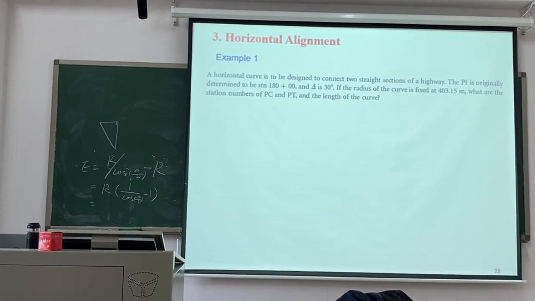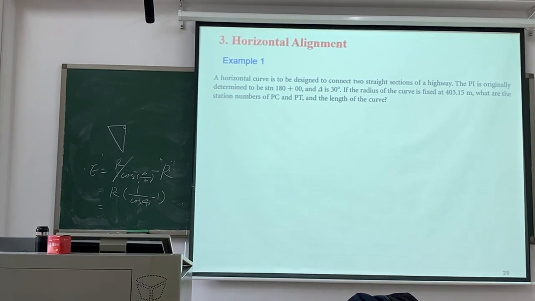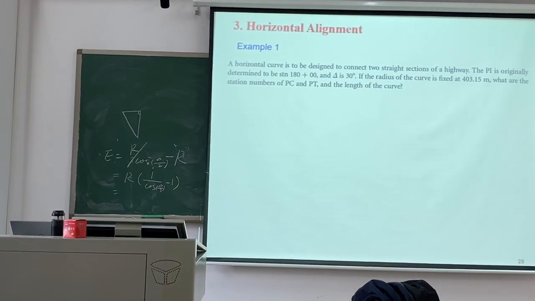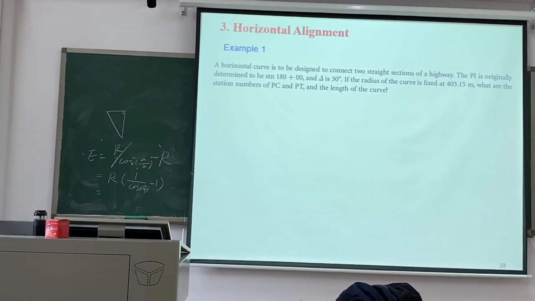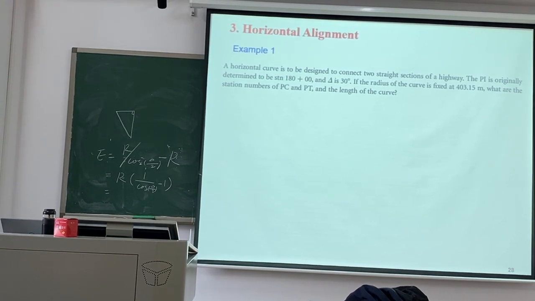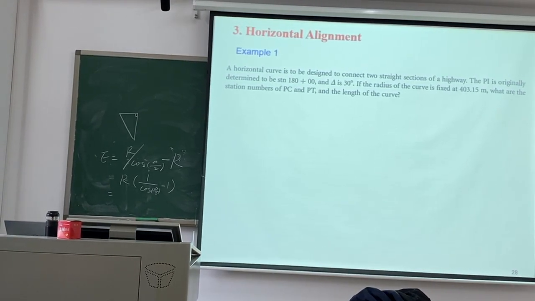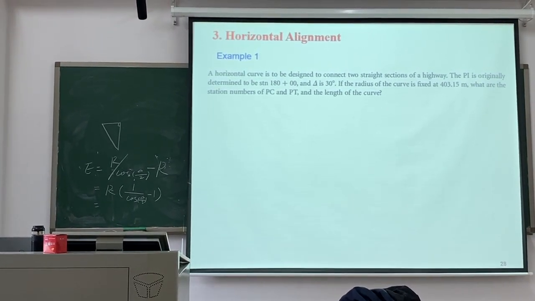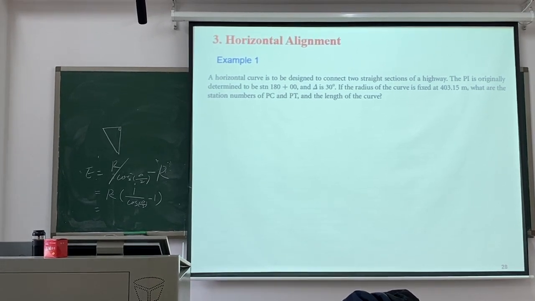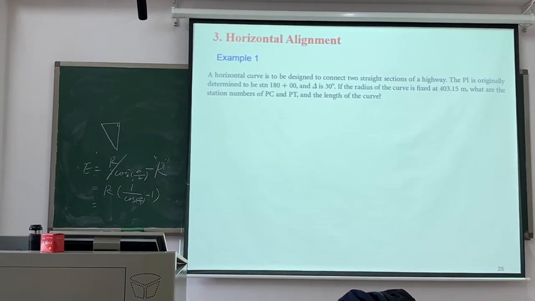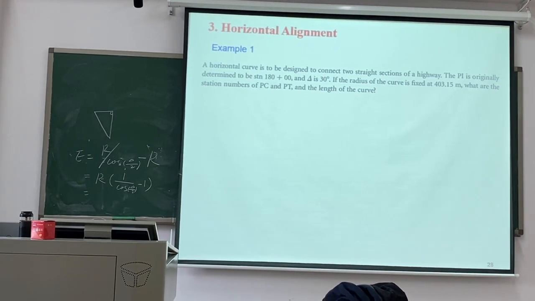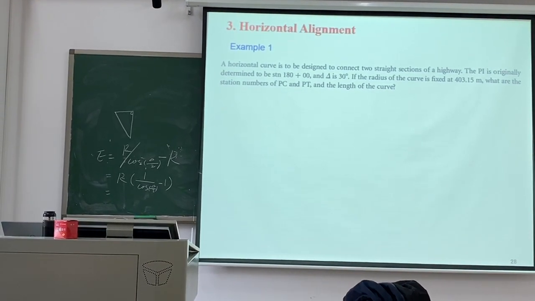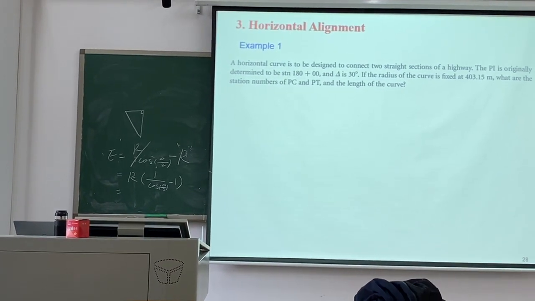Can I see the PI formula? PC is equal to PI minus T, and PT is equal to PC plus L. So PI we have is station 180.